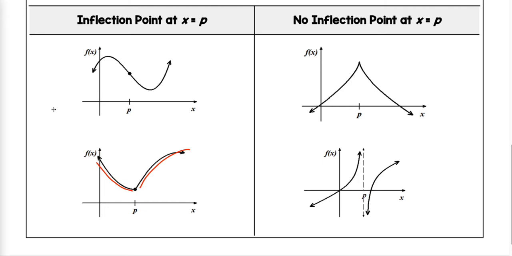I think I mentioned this the other day. Do you guys want me to draw what positive and negative concavity would look like on a graph? Would that be helpful to see that? Positive concavity will look like a U, but it doesn't have to be an entire U shape.